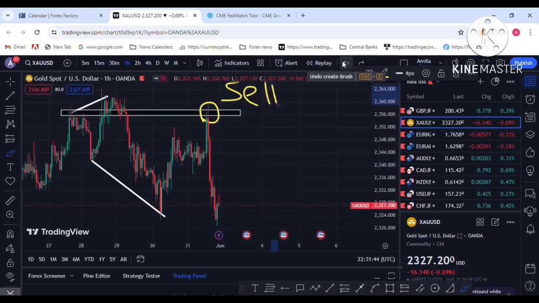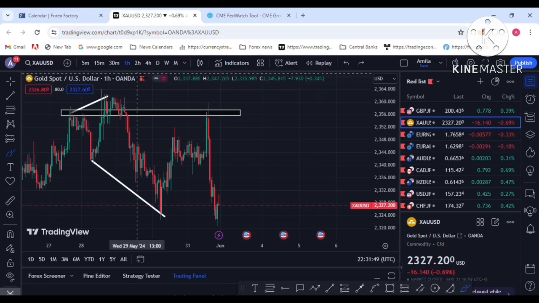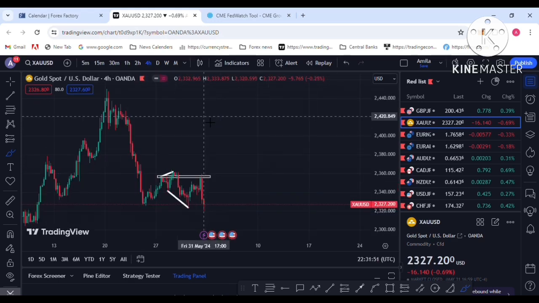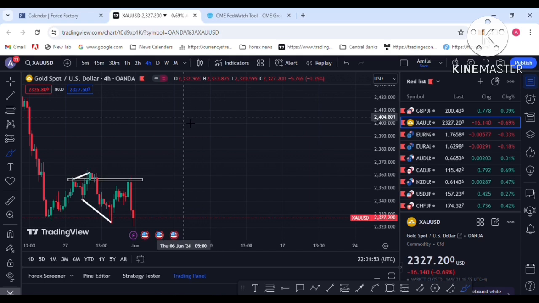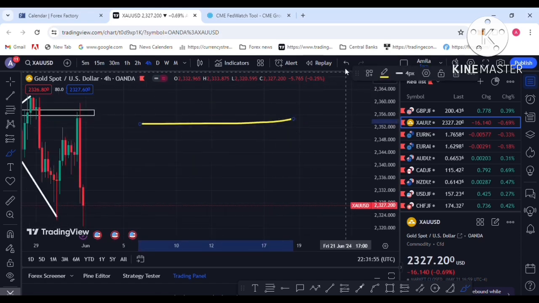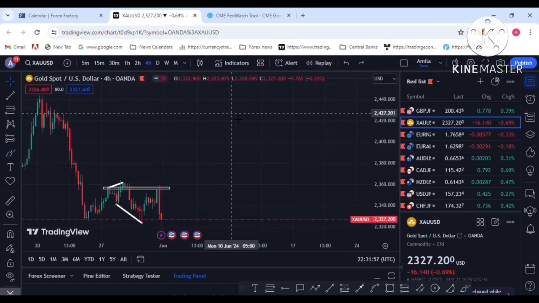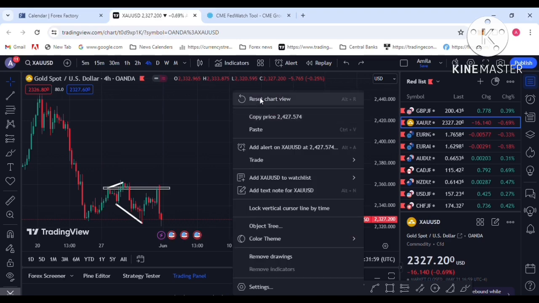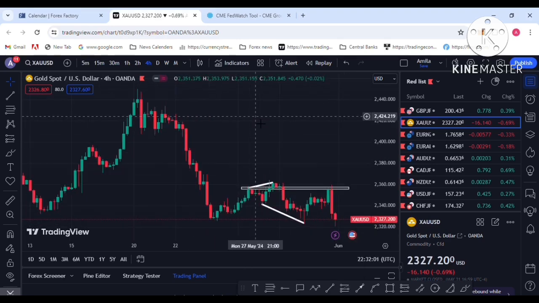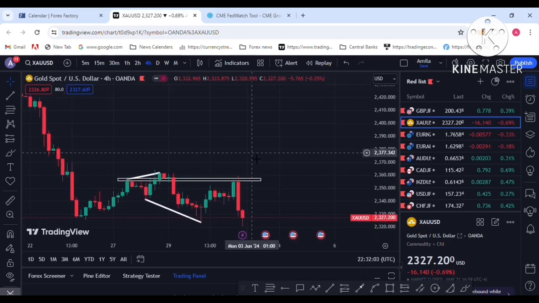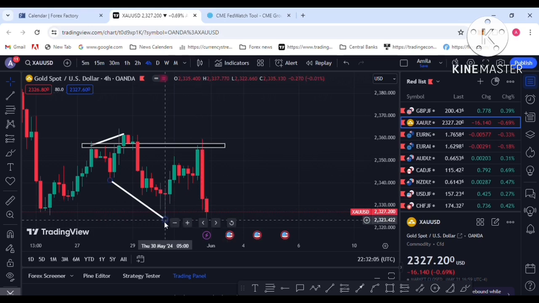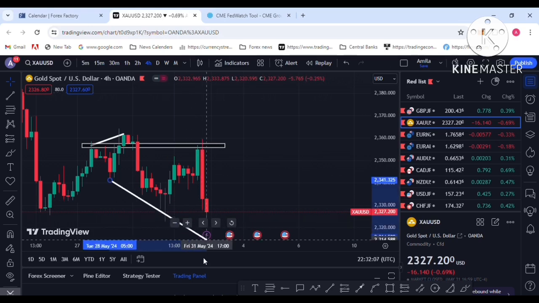I am using the below trend line to get the trade opportunity next week. You can see the below trend line.